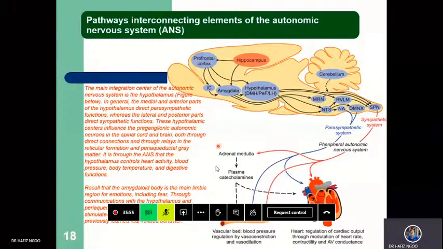The main integration center of the autonomic nervous system is the hypothalamus. The limbic system is related to emotion, and this emotion also has an influence on the hypothalamus, which in turn influences the autonomic nervous system.